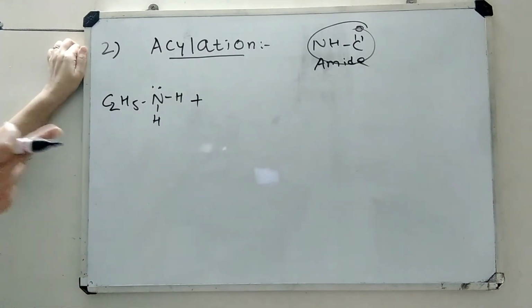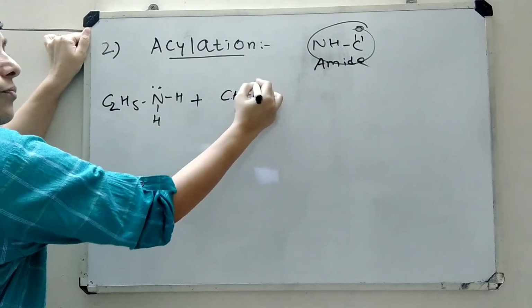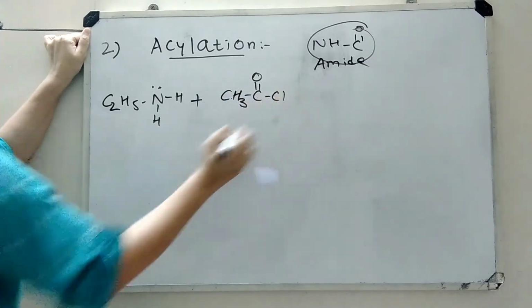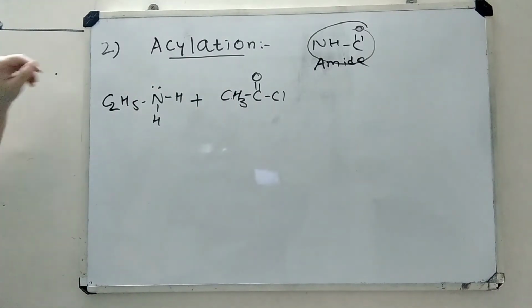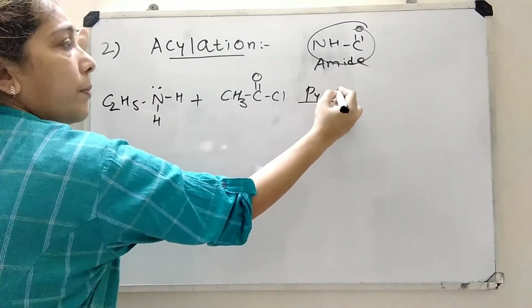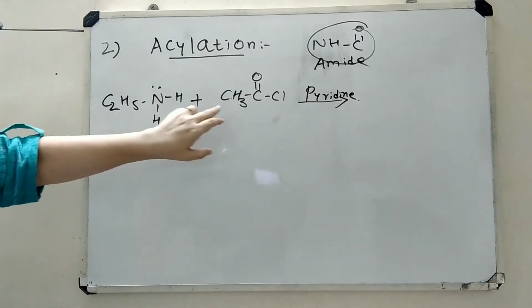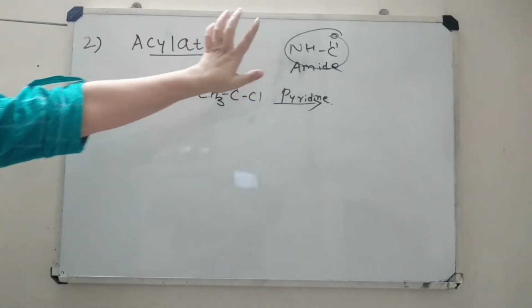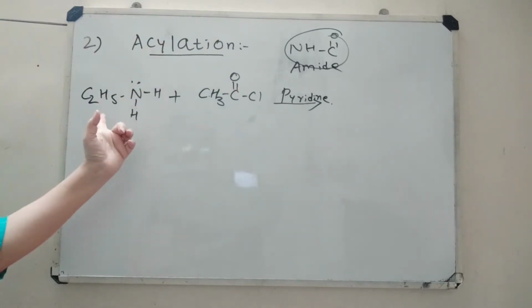When it reacts with acetyl chloride, CH3COCl, in the presence of pyridine, because this is to form the amide group. This amide is less basic than the amine.